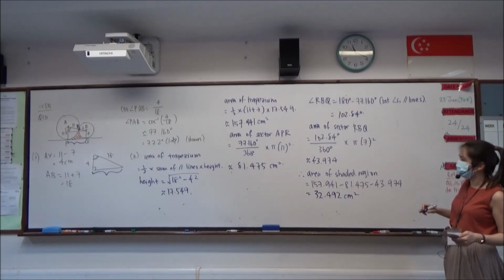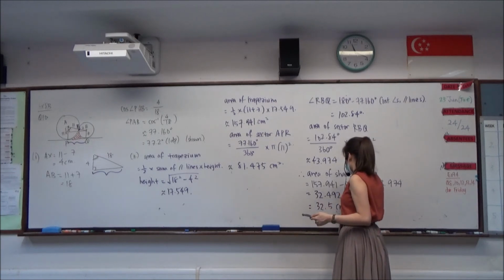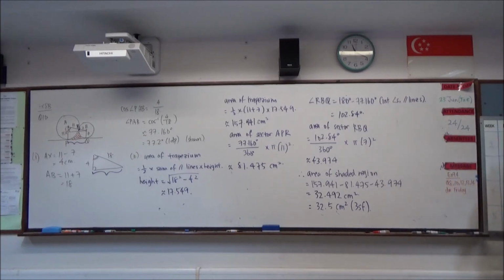And we have 32.492 cm squared. Right? Any questions?